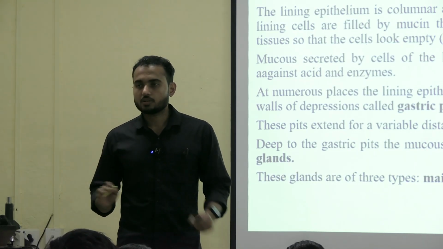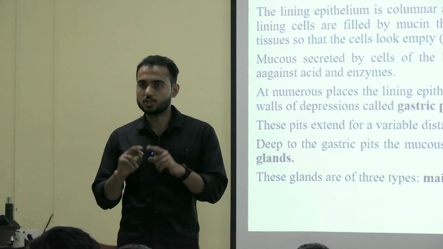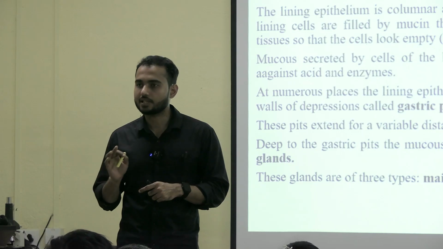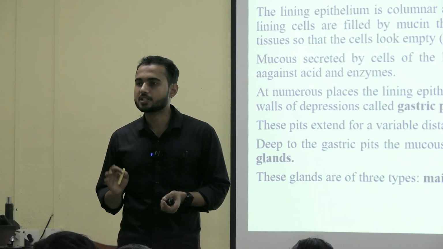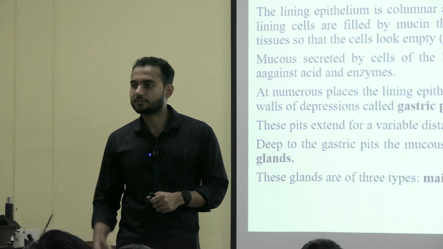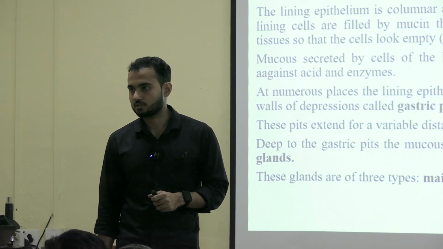Now if you study everything and later draw the conclusion, what I have noticed is that the difference is mainly in the glands, and the differences are in the muscularis externa.